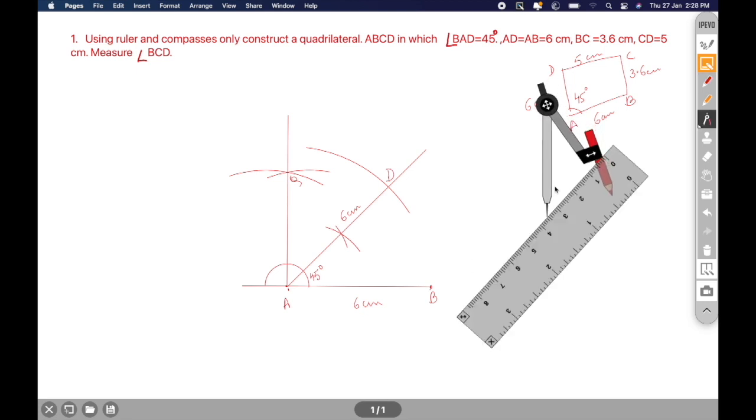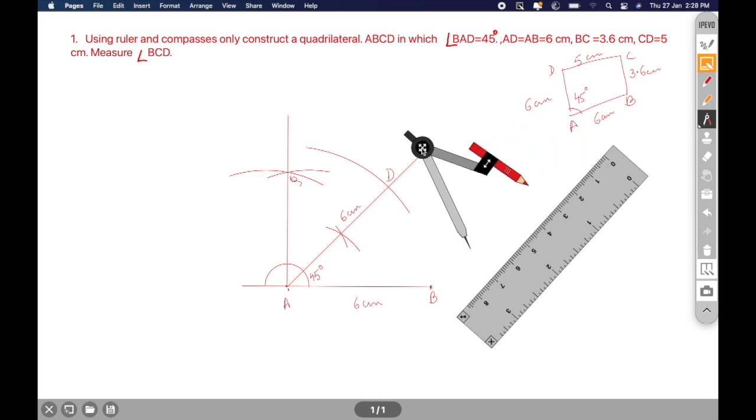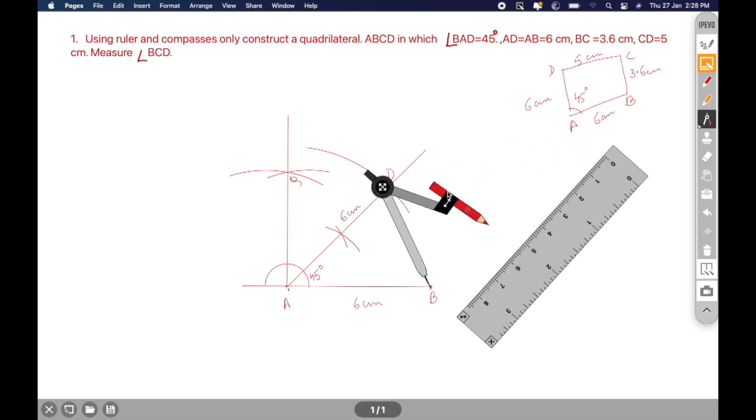Next, let us measure 3.6 centimeter. So placing the compass here, we measure a length of 3.6 centimeter and with B as center and radius 3.6 centimeter, we draw an arc. Next again, DC is 5 centimeter.